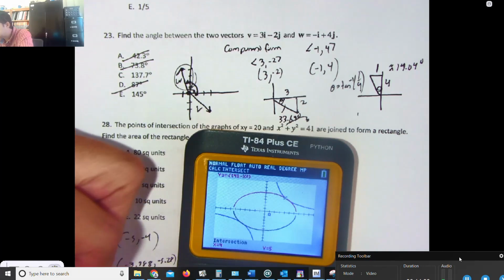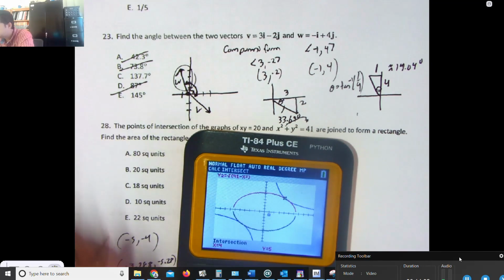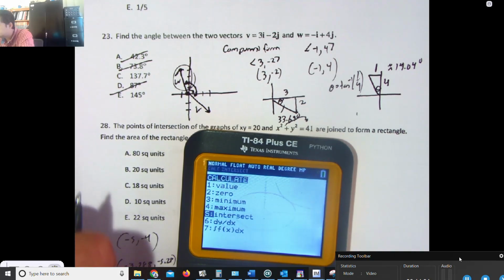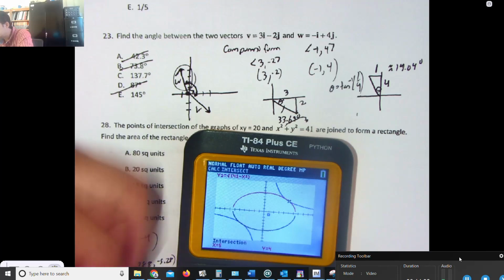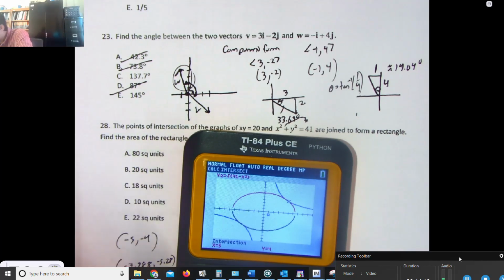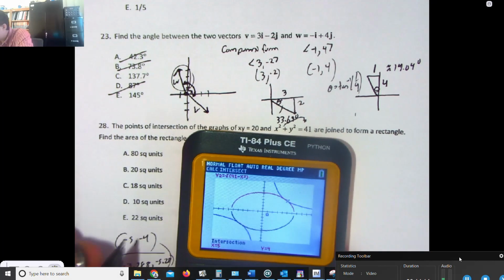The other one's at 4.5. That one's at 5.4. Huh. I question that.